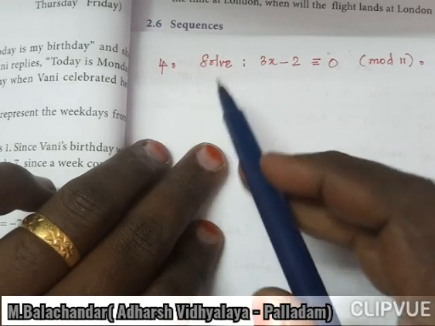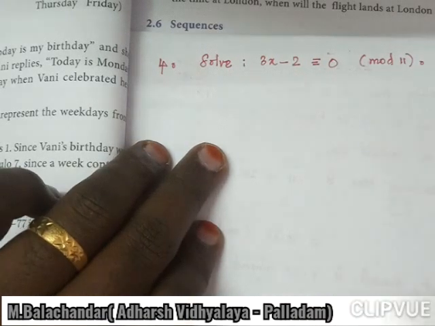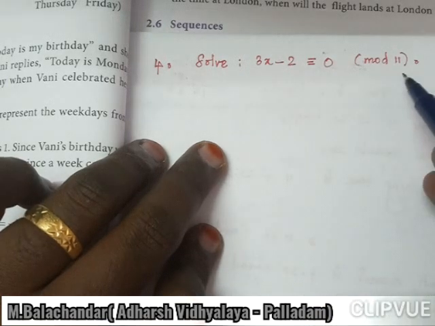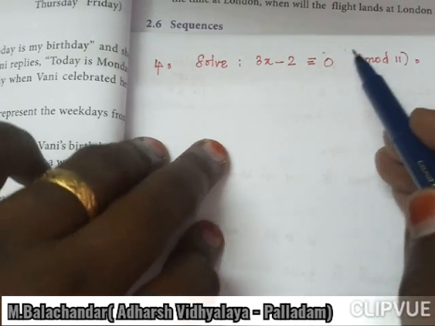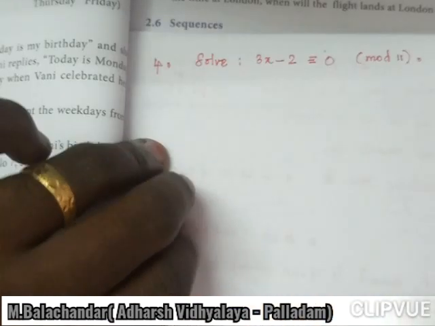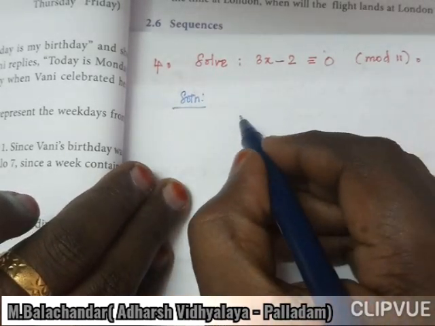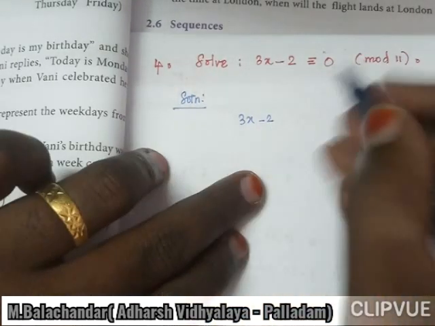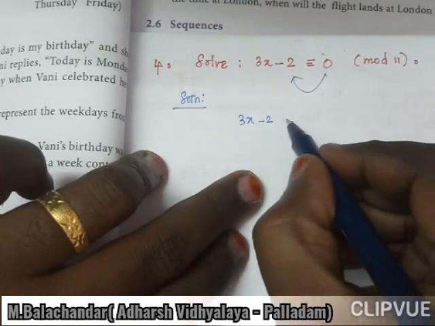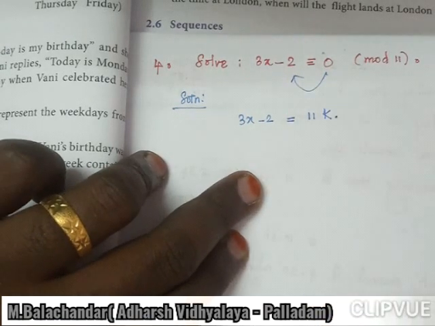Question number 4. Solve 3x minus 2 congruent to 0 mod 11. Actually, when this is divided by 11, it leaves a remainder 0. So solution: 3x minus 2 equals 11 into k, where k is some integer.